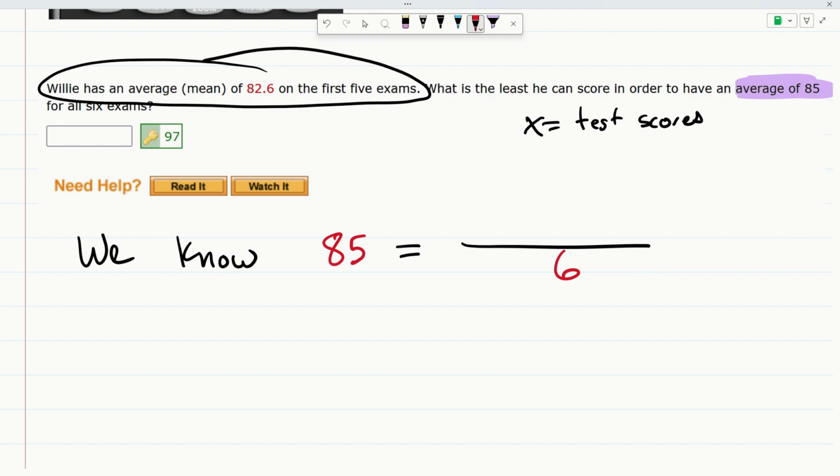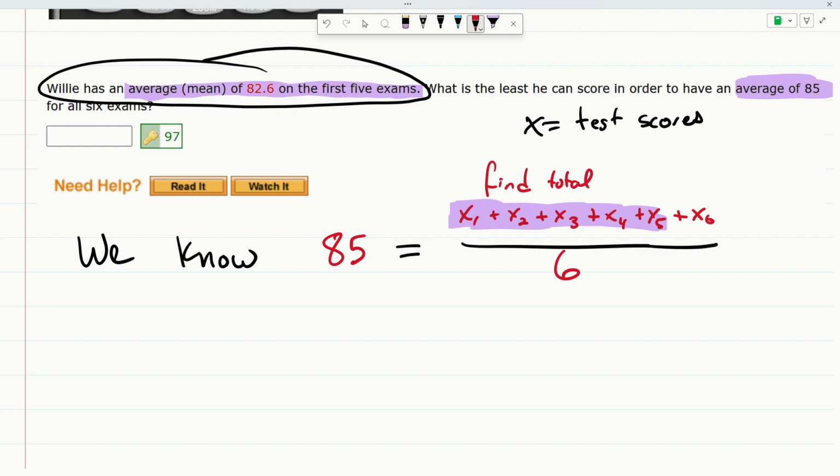What we don't know are the individual test scores that Willie had. However, that first sentence gives us a lot of information. They said the average or the mean of the first 5 exams is an 82.6. So what we can do is find the total points for the first 5 exams.